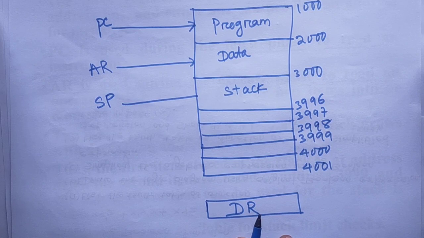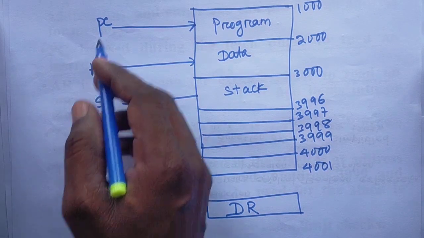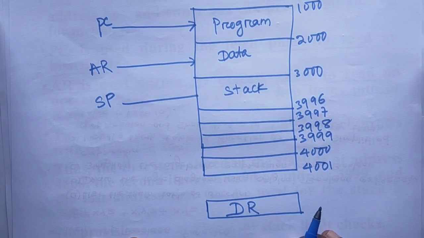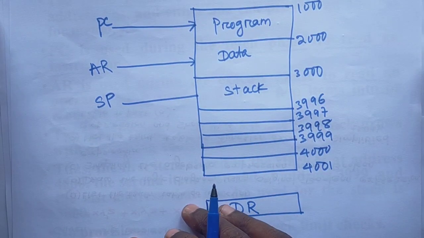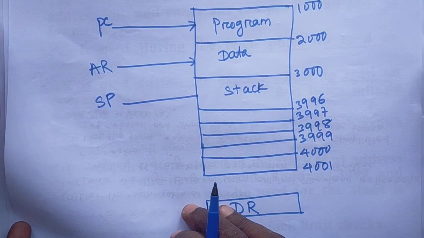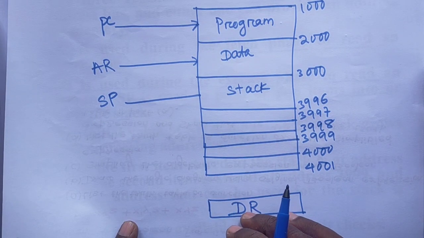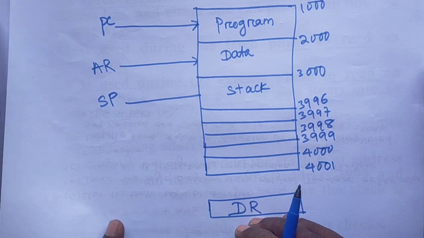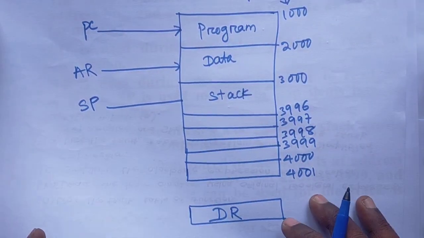How data is collected from the data register through the address register in this memory, that concept is already there. We have already discussed the common bus: through the common bus it receives data from the data register, stores it, and uses it in this particular memory. That part is over, because through the common bus it receives and sends data to the data register.